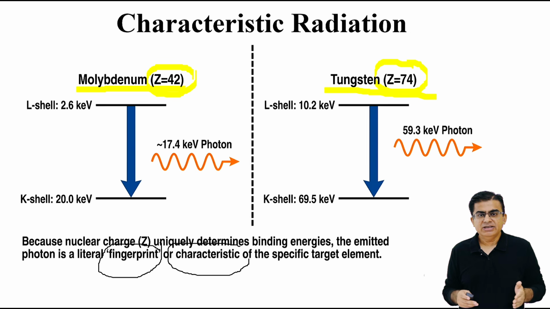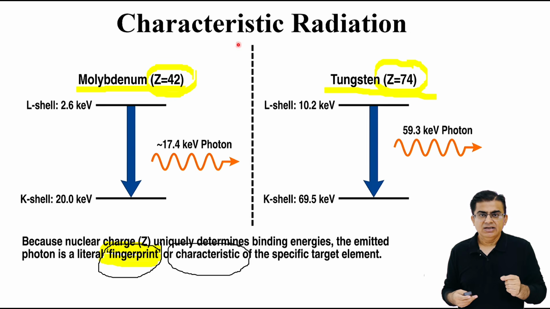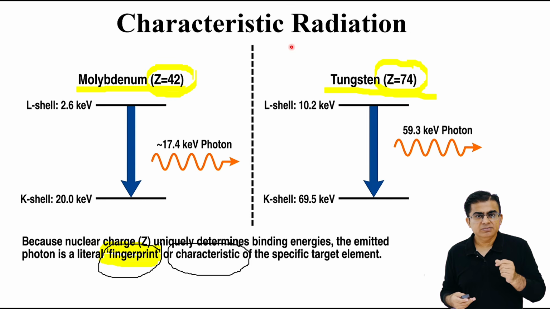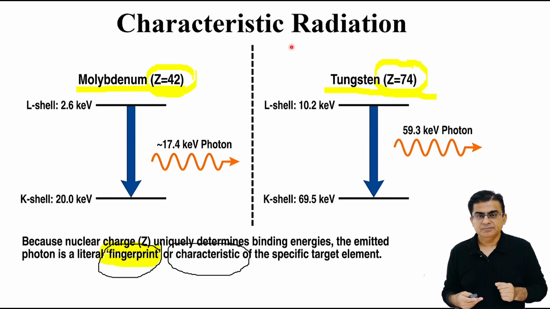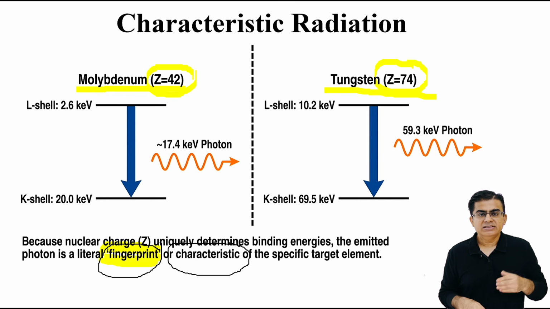By simply measuring the exact energy of the photon, we instantly know which target metal created it. This is exactly why we use the word characteristic. It is perfectly characteristic of the specific element used in our target. Now, let us move to the next slide to see what else can happen when that inner shell is empty.